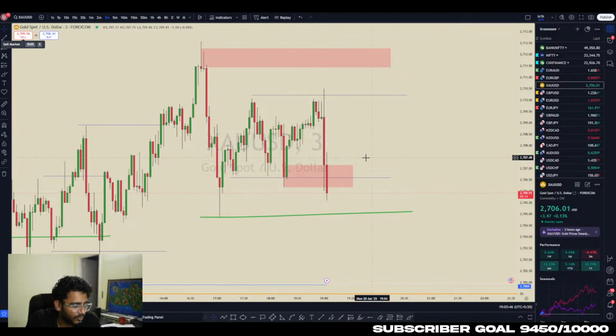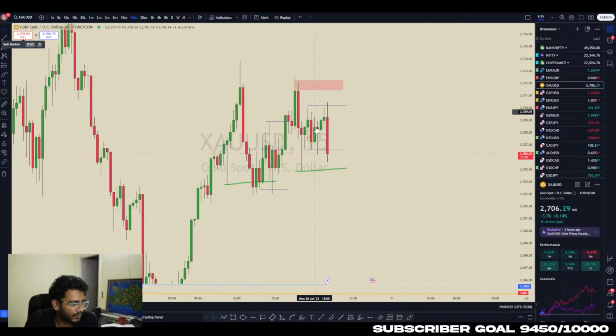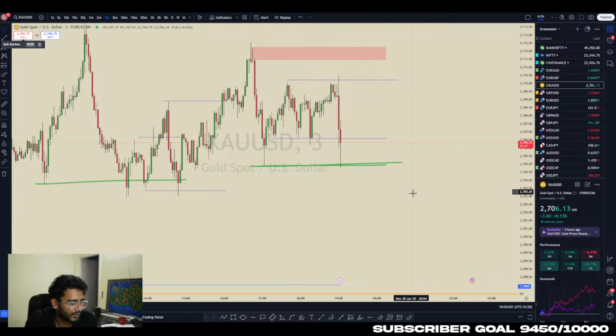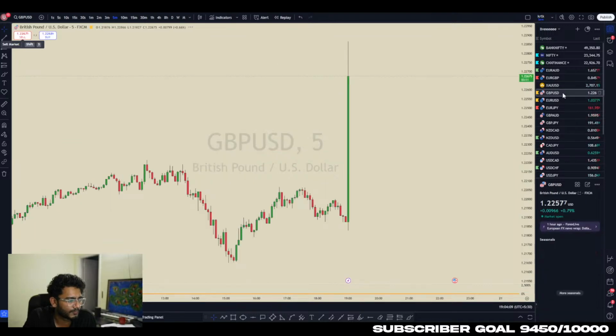So we have to look for price to give us a breakout, right? Right now we can see price is going to the downside on gold. And if price closes below this with the candle body, then probably we will look for sell side. So we have to wait for price to stop, and then when it creates normal price action, that's what I'm looking for, basically.